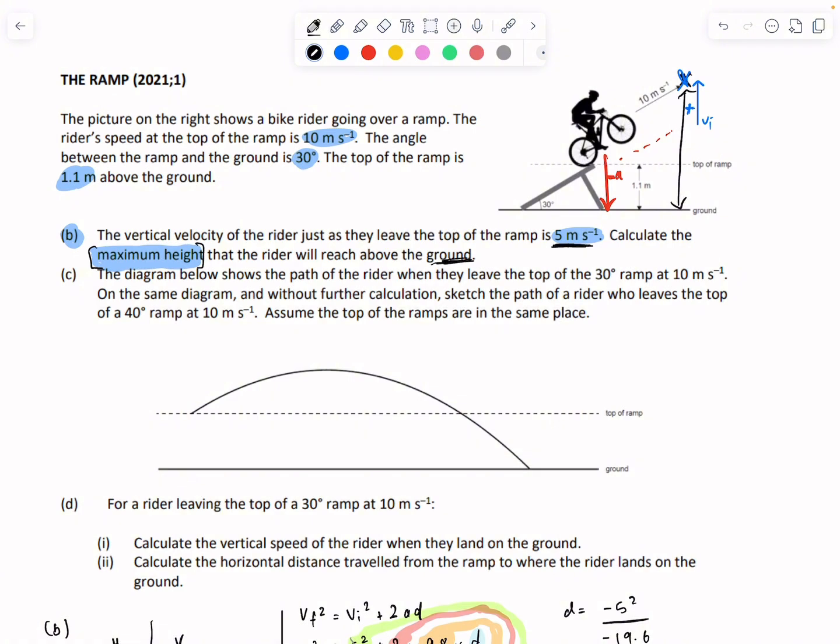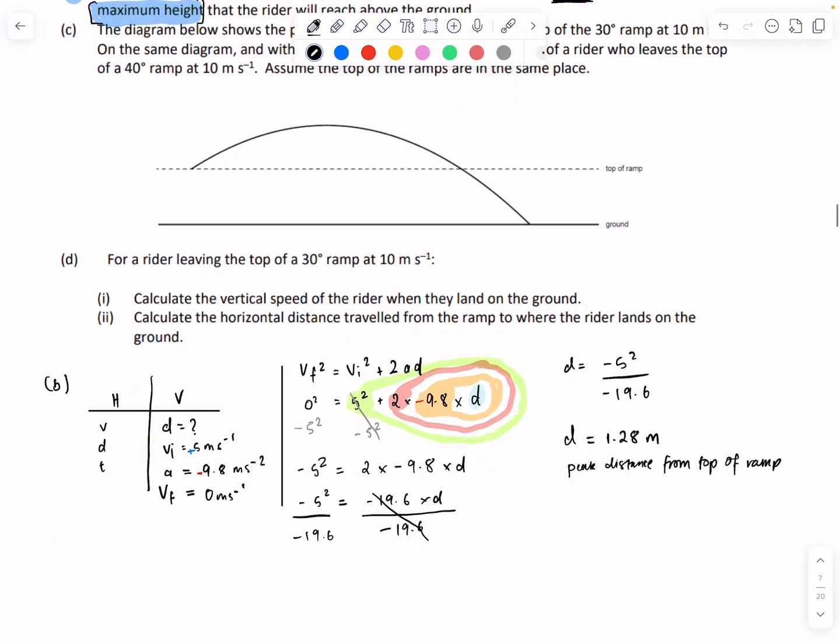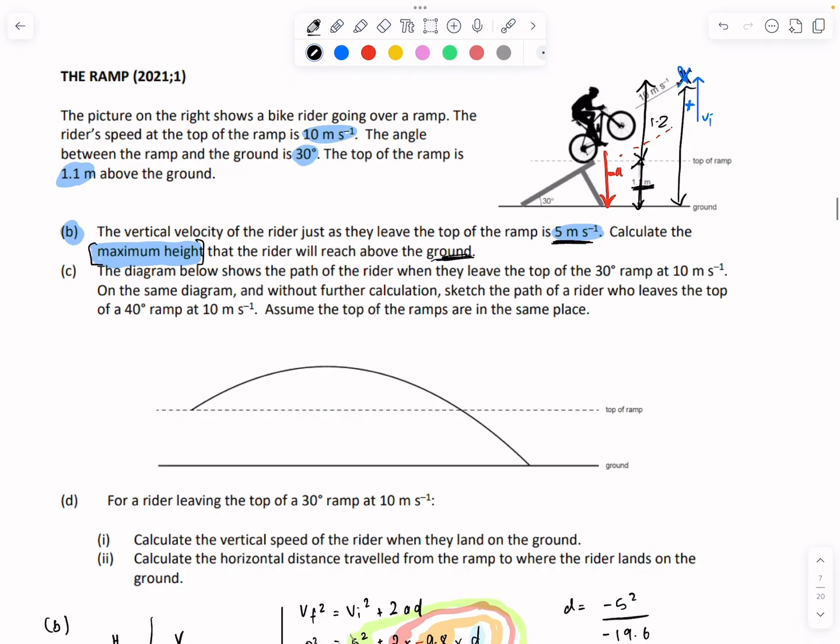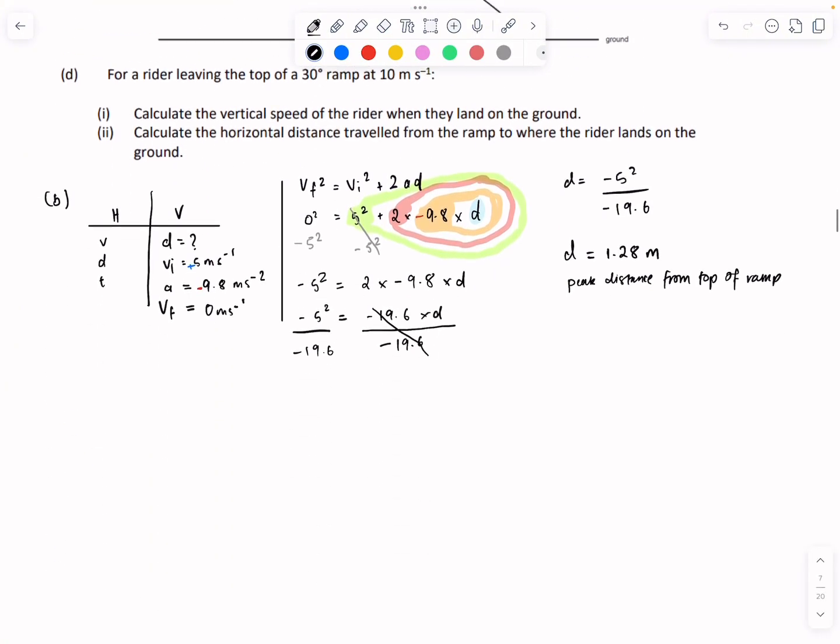And so we can see in the diagram that from the ground up to the top of the ramp, it's 1.1 meters. And what I've worked out is from the ramp up to the highest point is 1.28. So to work out the maximum height, I have to add 1.1 with the 1.28 that I've just worked out.